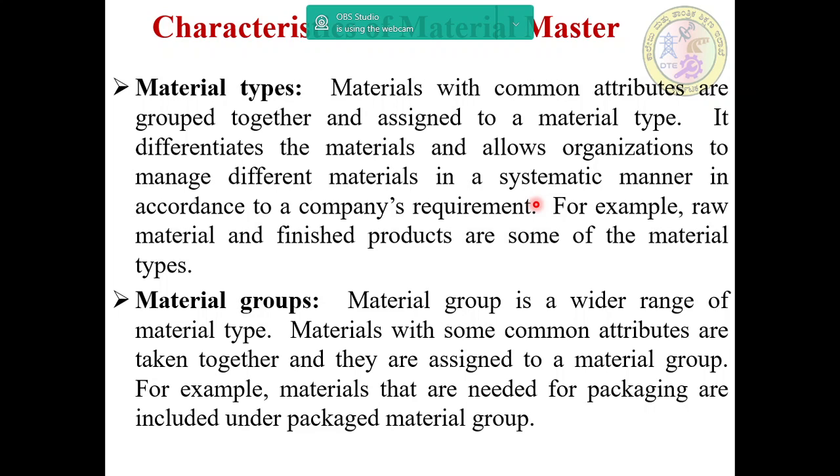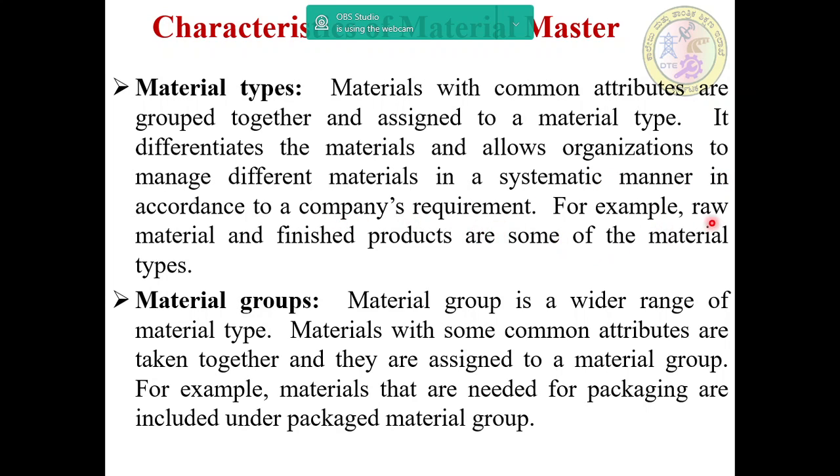First, we will take how the material master record is identified by the characteristics. The first type is material types. Here, materials with common attributes are grouped together and assigned to a material type. It differentiates the materials and allows the organization to manage different materials in a systematic manner in accordance with a company requirement.